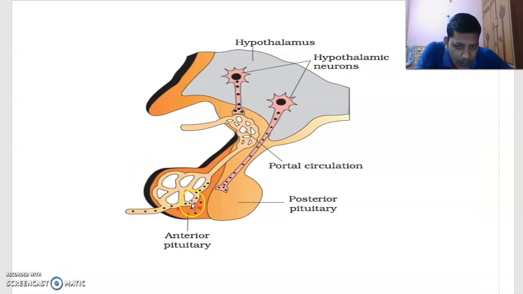This hormone tells the anterior pituitary, hey, produce growth hormone. By following those instructions given by the hypothalamus, the pituitary is releasing the hormone into the blood. Through the blood, growth hormone goes to all our body parts.